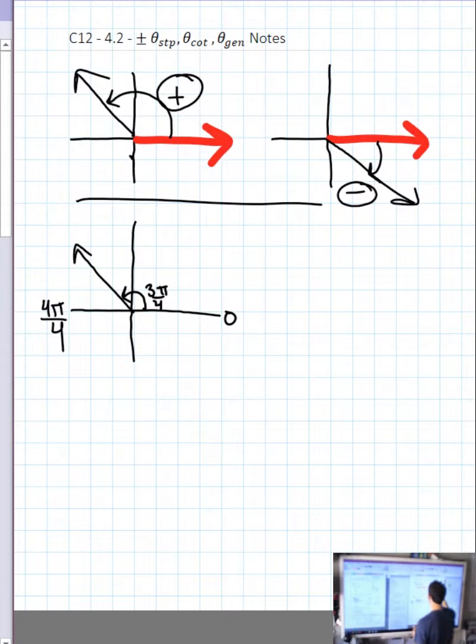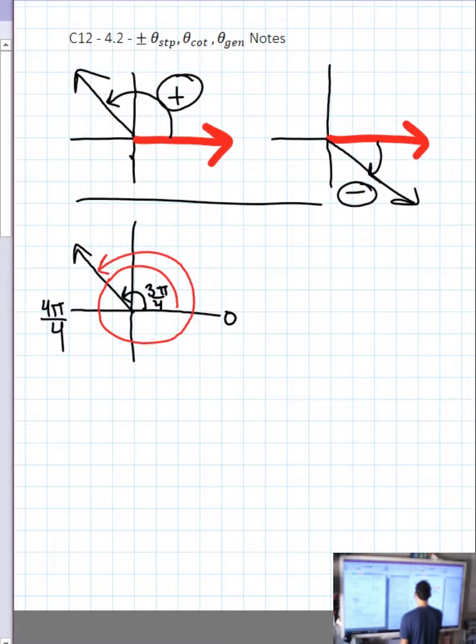Well, a coterminal angle, I'm going to do in red. We go to the angle, we pass it, we go around, and we go to it again, which means that I take my angle in standard position, 3 pi over 4, and I'm adding 360, but now that means 2 pi.